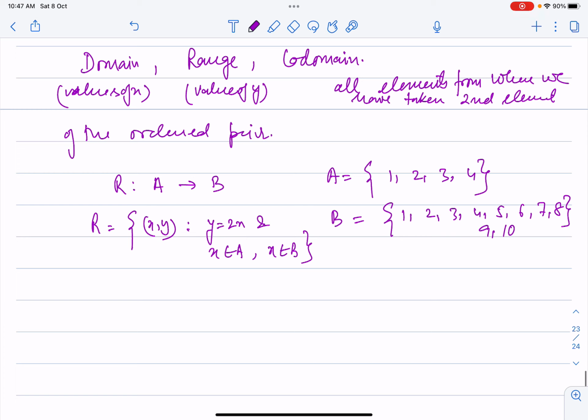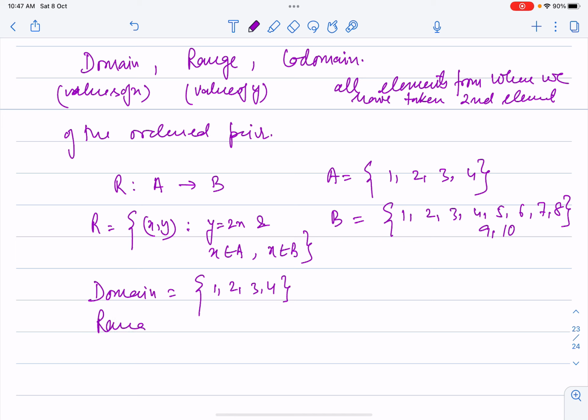What are x? X are all the elements of A, because x represents the domain. So domain is equal to all the elements of A, that is 1, 2, 3, 4.